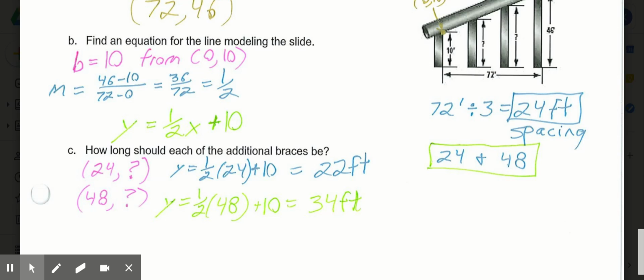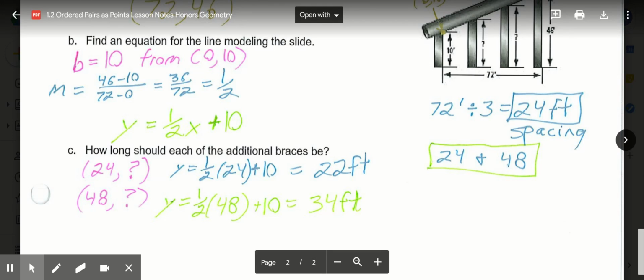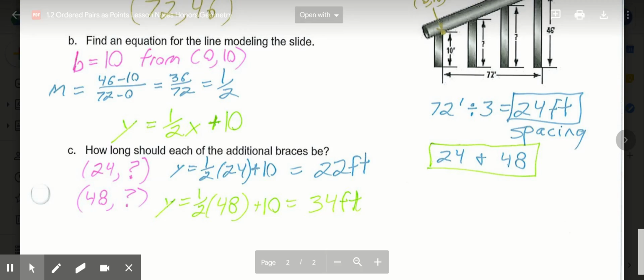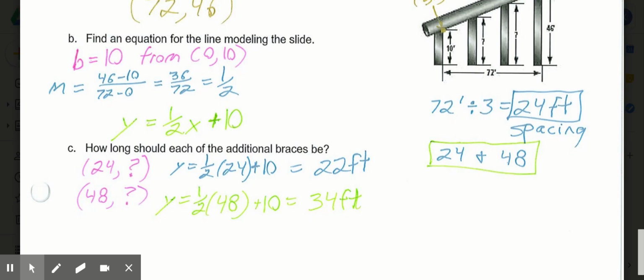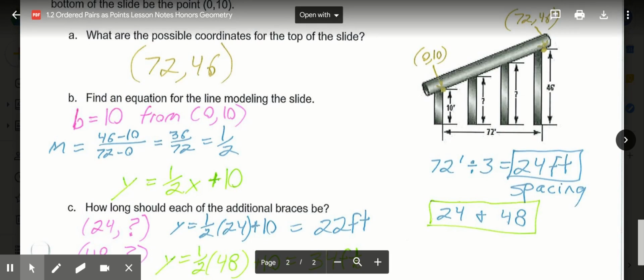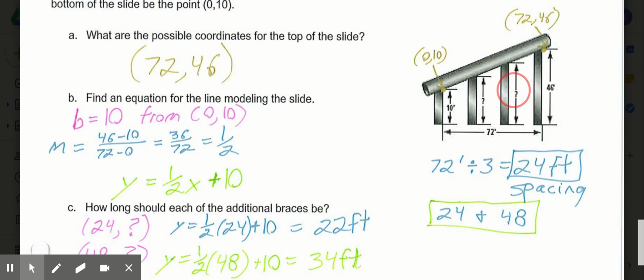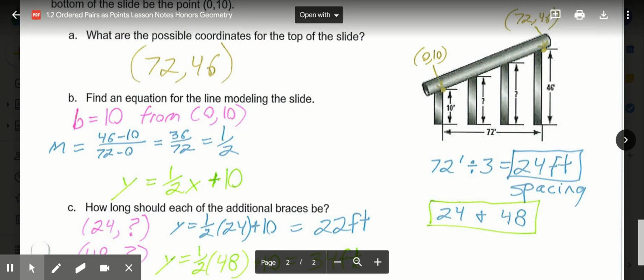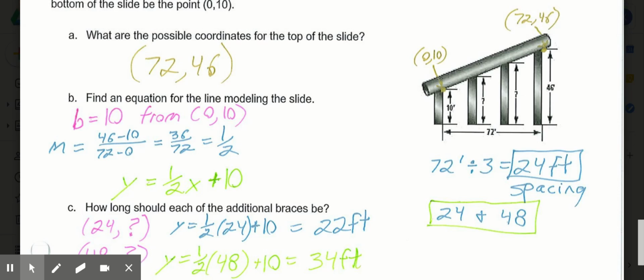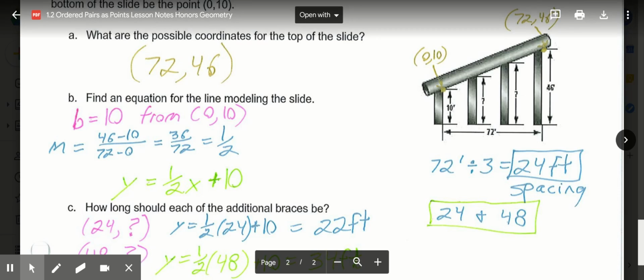And then in part C, they want us to figure out how long should each of the additional braces be. This one gets a little tricky because we're figuring out the length, or this height here, of each additional brace. In order to do that, we would want to figure out their x values on the bottom. Well, here's how we can do that. We know this is 72 feet across.